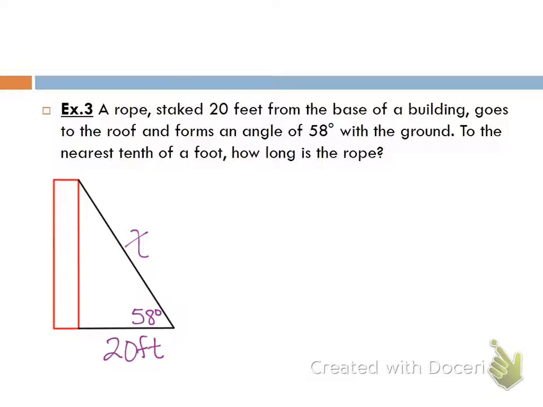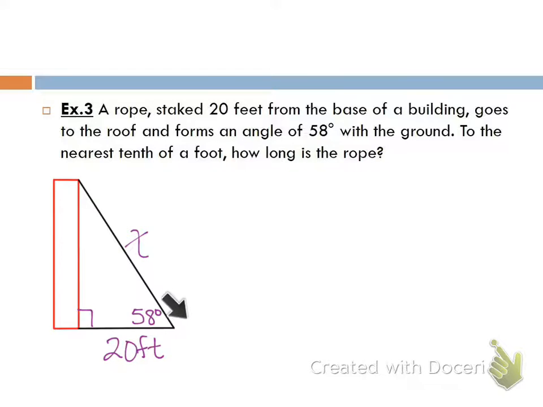Where does the right angle occur here? Okay, it happens where the building meets the ground, assuming we have good contractors and architects, our building should form a right angle with the ground.